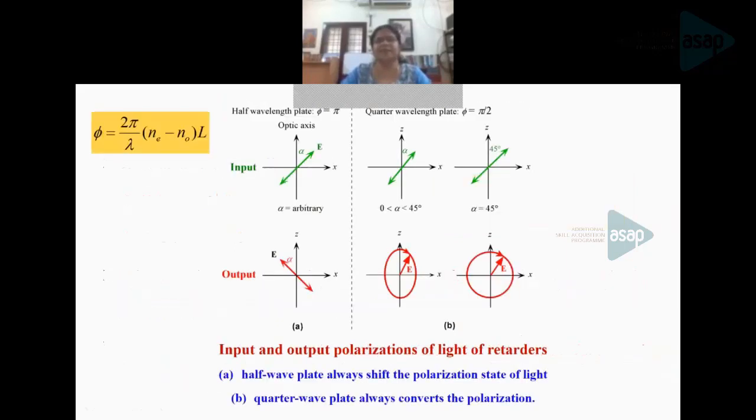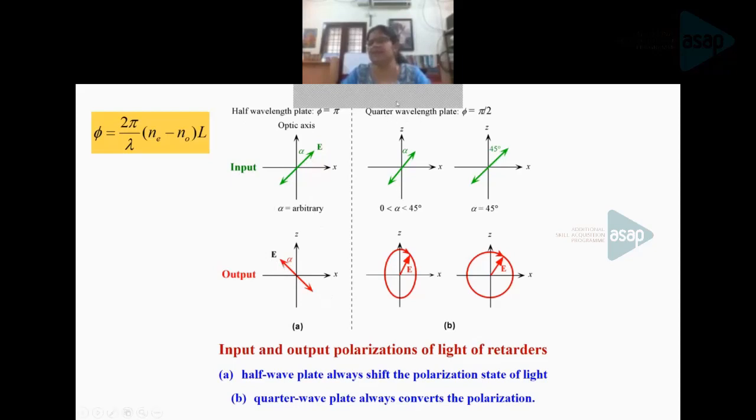Okay, here you can see the input and output of half wave plate and quarter wave plate. Here the input is linearly polarized light, and for an arbitrary incident angle, the half wave plate produces again linearly polarized light but with different orientation.